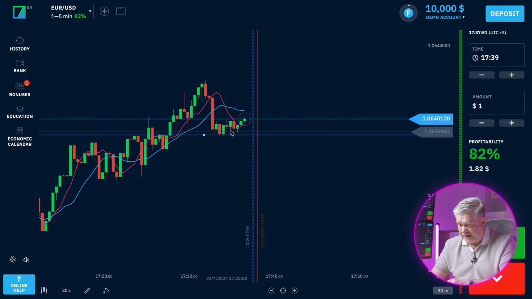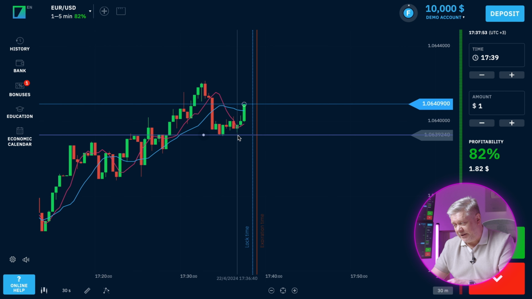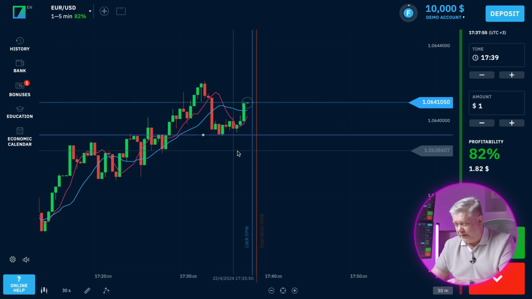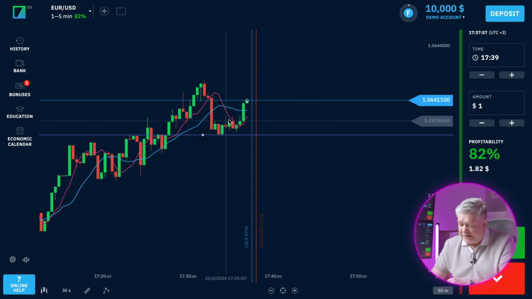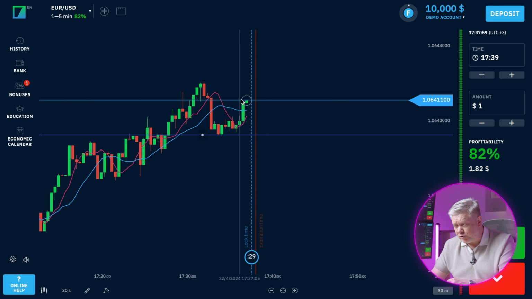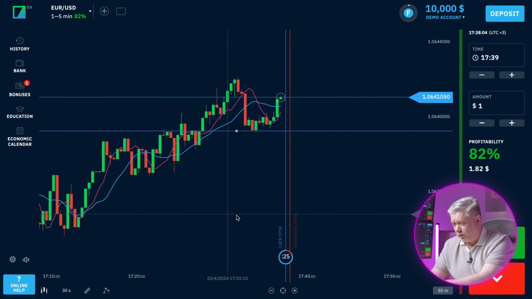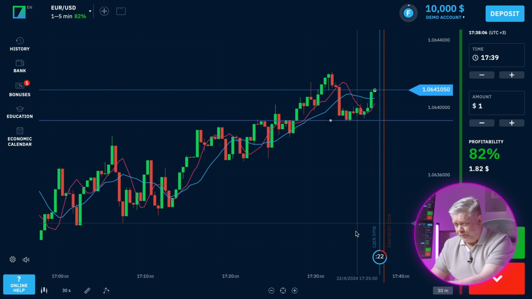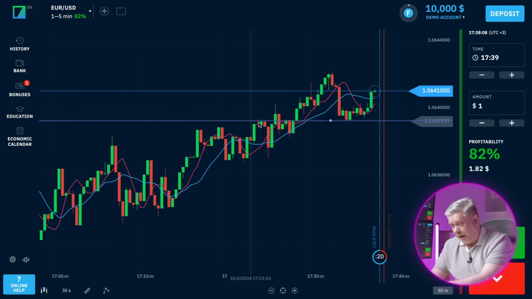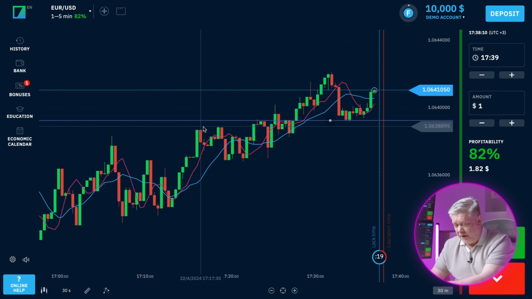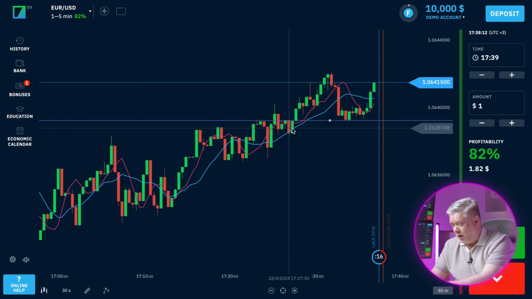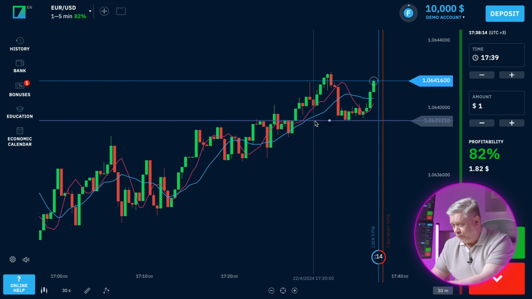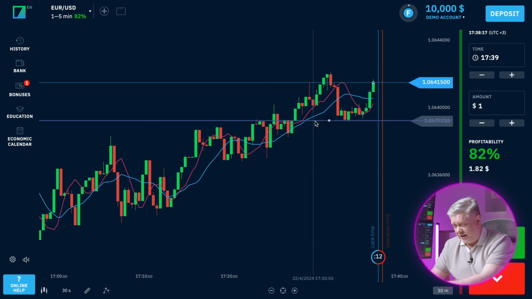The price stopped here and it has not been able to overcome this level yet, but it is still striving to continue growing. I would like to draw your attention to the fact that for a relatively long period of time, the price defended or moved within a narrow range around this level. And I'm talking about the level of 1.0639.